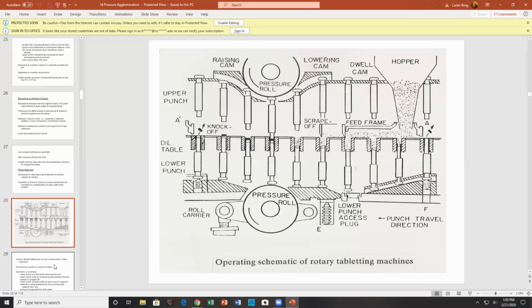Things to watch out for. Again, my paranoia about whether medicine has been left on the hopper chute here. You have a problem getting the air out, so the lower punch might have some porosity to help get the air out. Keep the solids in and the air out.